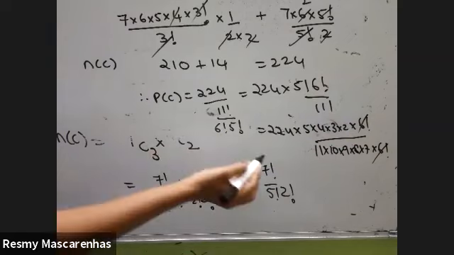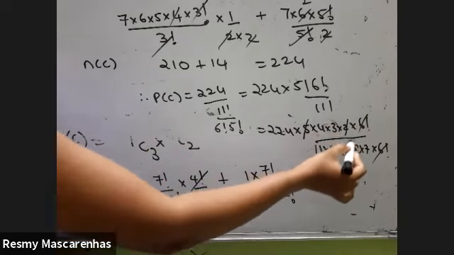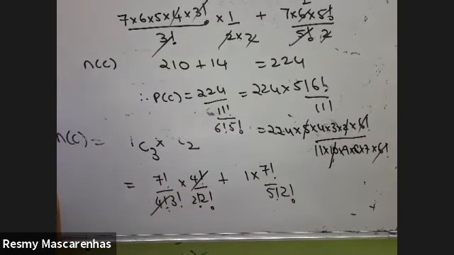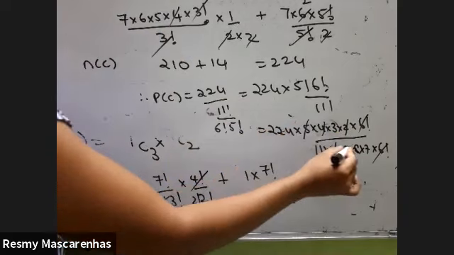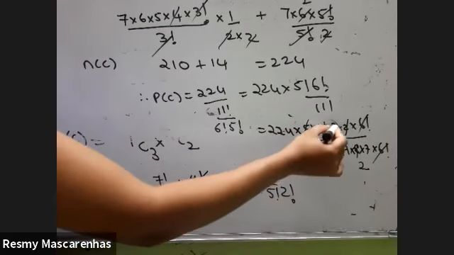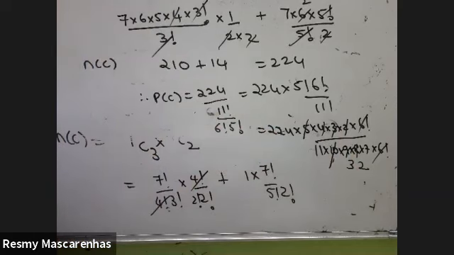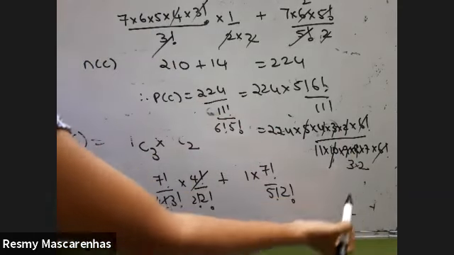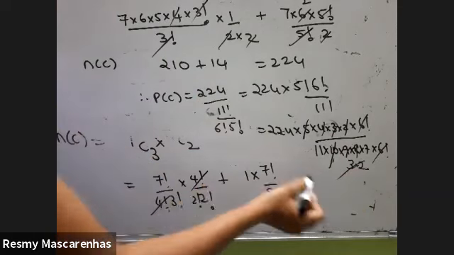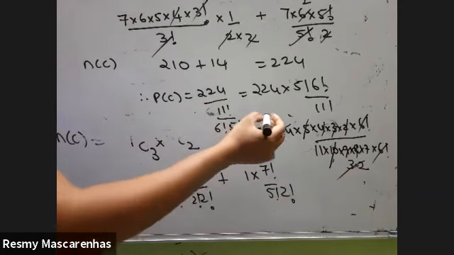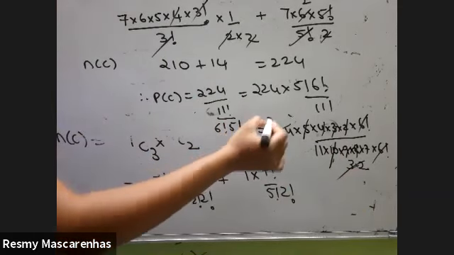And now whatever numbers are possible to cancel: 5 twos are 10, then 4 twos are 8, 3 threes are 9, 3 into 2, so 6, 6 threes are 18.